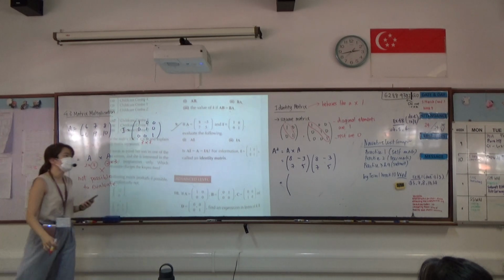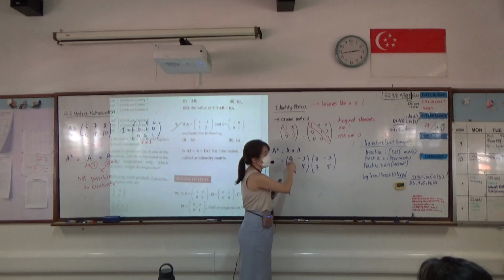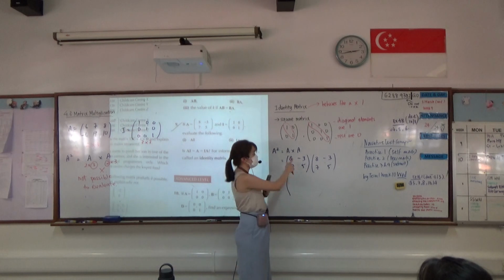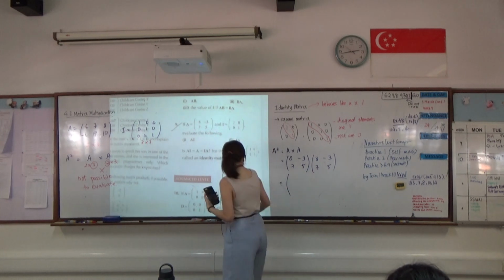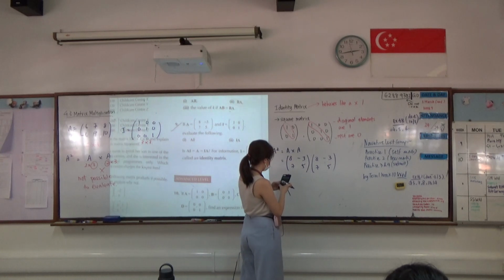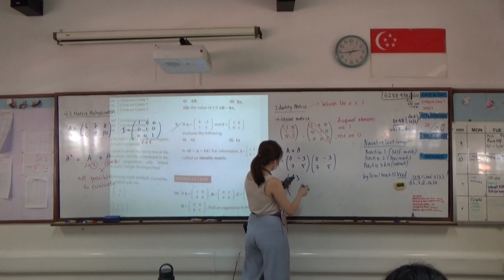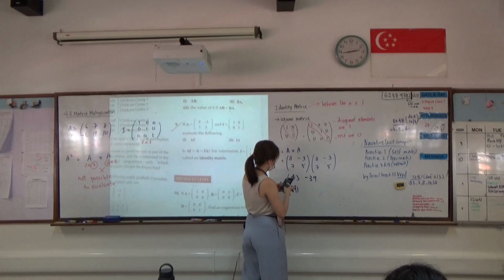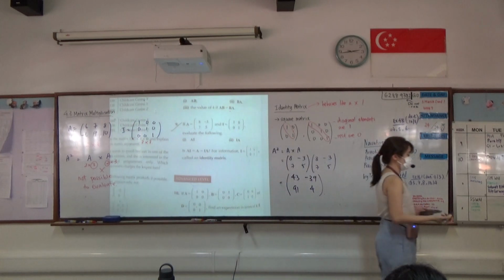Usually we can only get A squared under one condition: that the matrix itself is a square matrix. If it is not a square matrix, then I cannot get A squared at all. Continuing to calculate this, I will get 64 plus negative 21, 43. So this will be our answer for A squared.